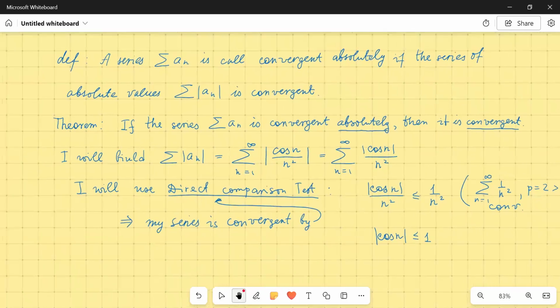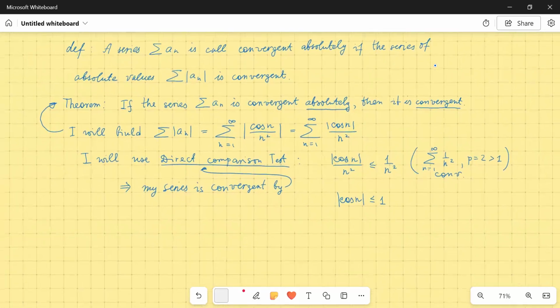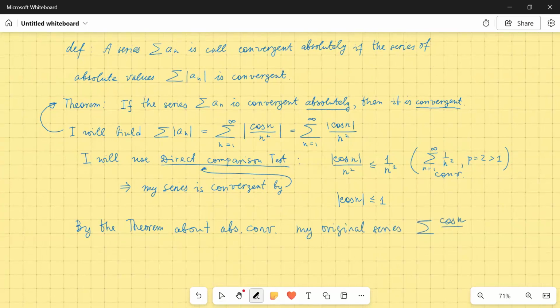So what is my next step? My next step is to go to the theorem and say, now, by the theorem about absolute convergence, my original series, the original is cosine without absolute value, is convergent.